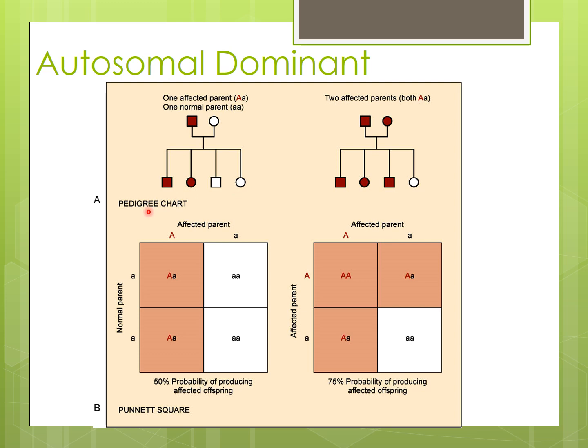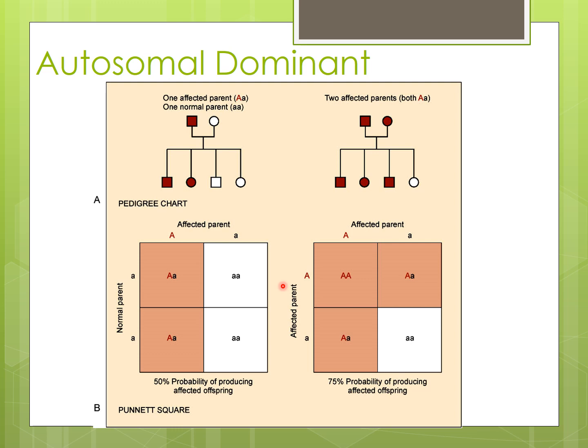As I mentioned before, the one parent has the dominant allele and a recessive allele, so he's heterozygous, and the normal or unaffected parent has 2 recessive alleles. When we use these alleles to fill up the Punnett square, you can see that the 2 individuals in the left column are heterozygous, carrying the dominant allele and the recessive allele, while the individuals on the right side only carry the recessive allele.